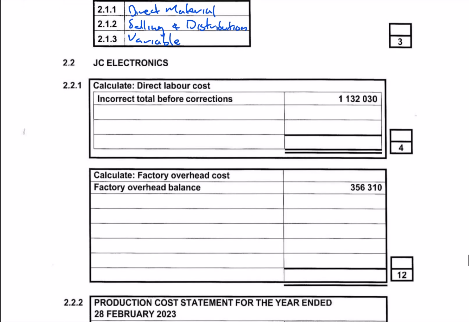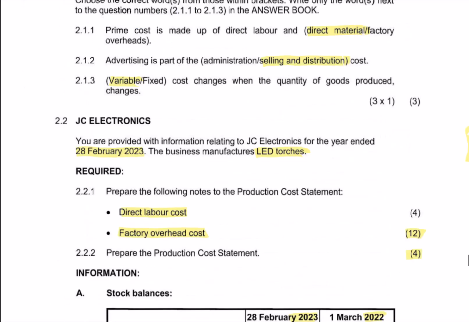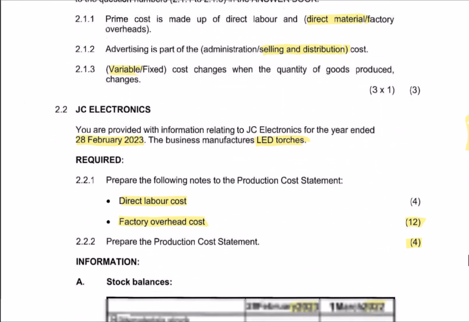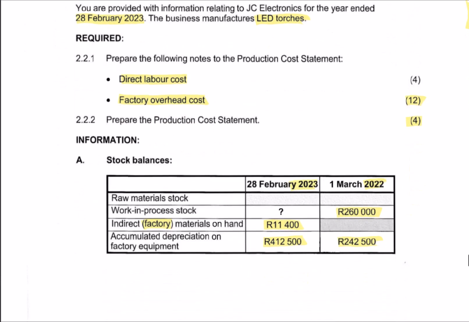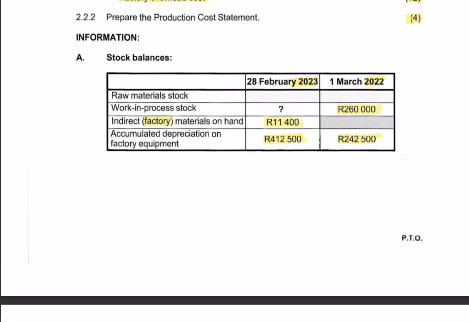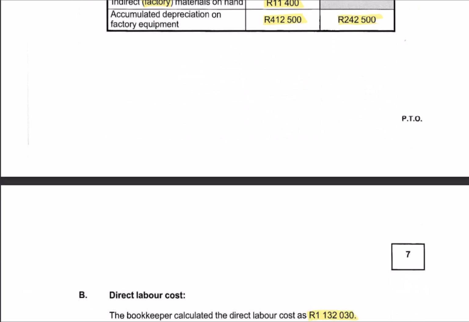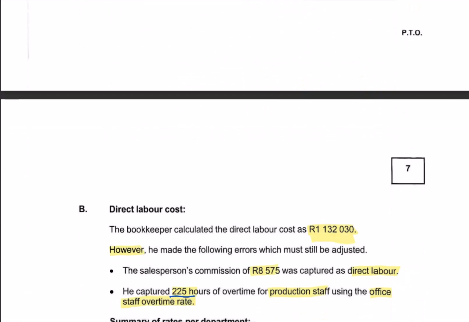Incorrect total before correction. So this incorrect total, we're getting it from here. This is the amount that we're given at 1,132,000.